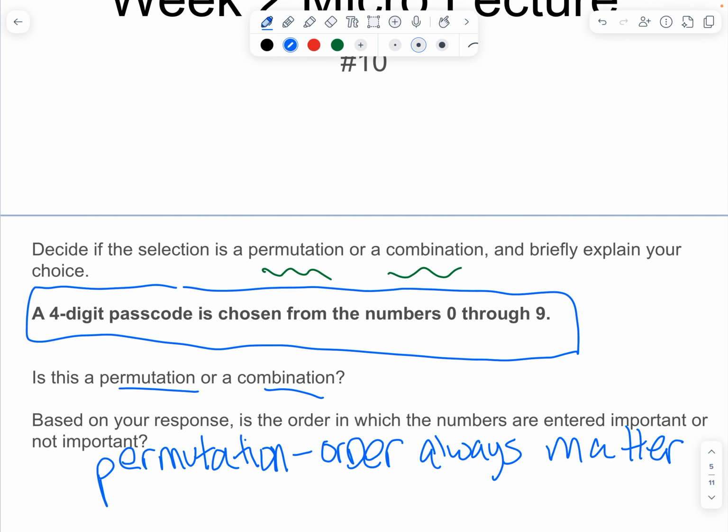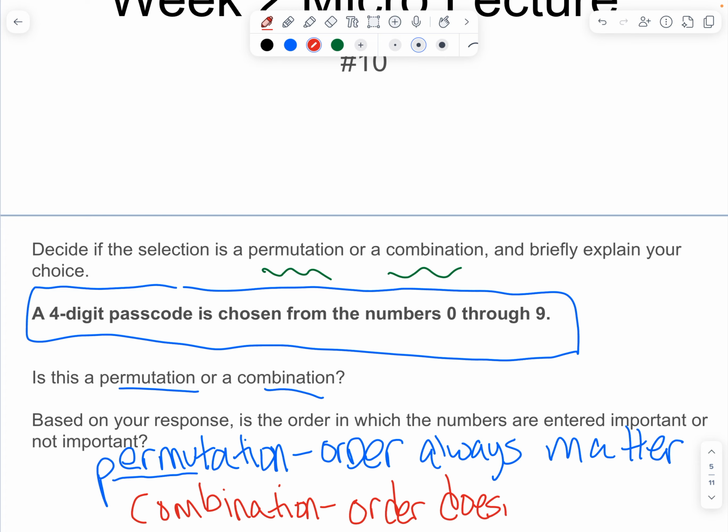And I kind of remember that order always matters with permutation because I think about permu as permanent. And then combination, his evil twin, the combination, order doesn't matter. So I think about that as change order, CO. You can change the order. That's how I kind of have it in my head.